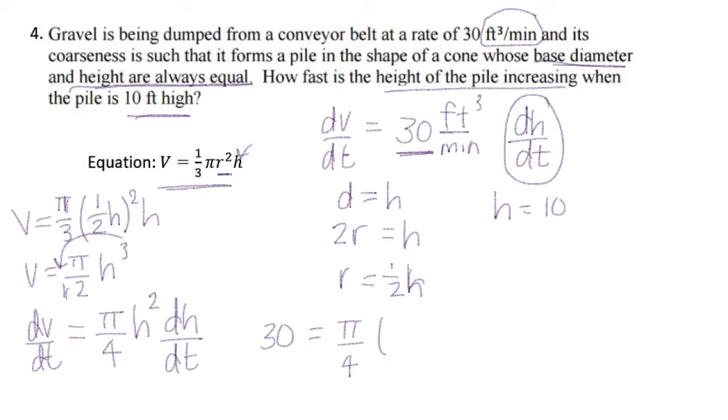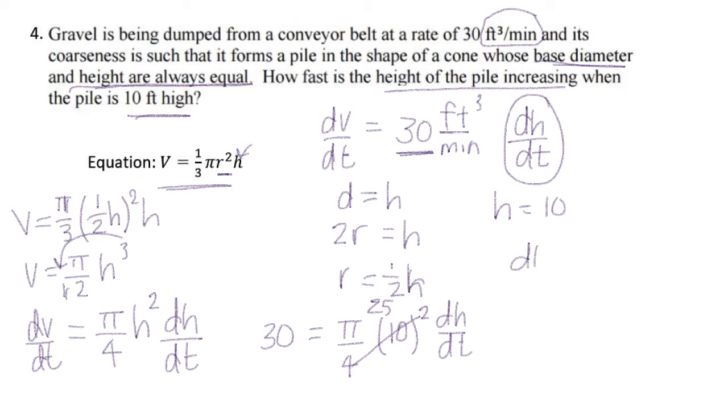Pi over 4 times h. Well, what do we know about h? What value were we given? It was 10, so I have 10 squared, and then we're looking for dh/dt. And so here we're going to get 100, aren't we? 10 squared is 100, 4 cancels, and that's 25. So all of that is going to leave me 25 pi.